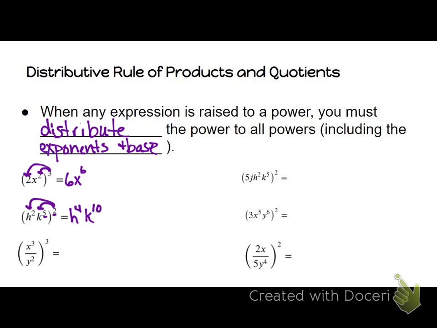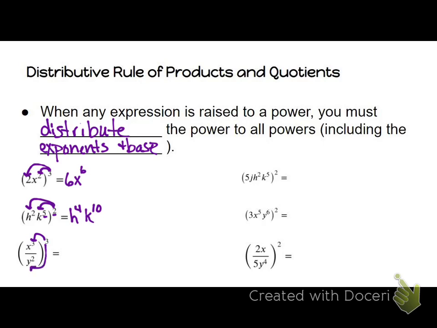Okay. Dylan, give this bottom one a shot for me. So I'm going to distribute the power of 3 to what? X with the, what's it called? To the third or cubed. And anywhere else? Yeah, to the second.